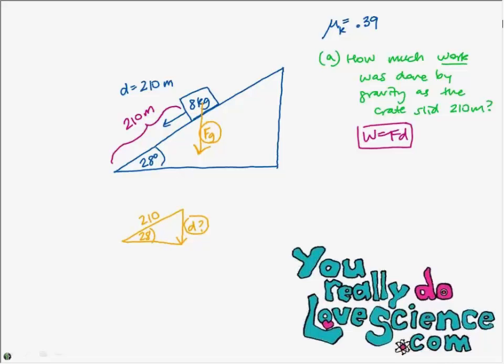98.59. Okay. So the distance that it went down is 98.6 meters. Now tell me what's the work that gravity did. 98.6 times the force.